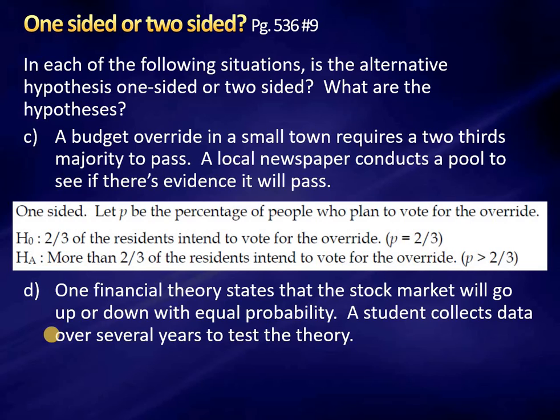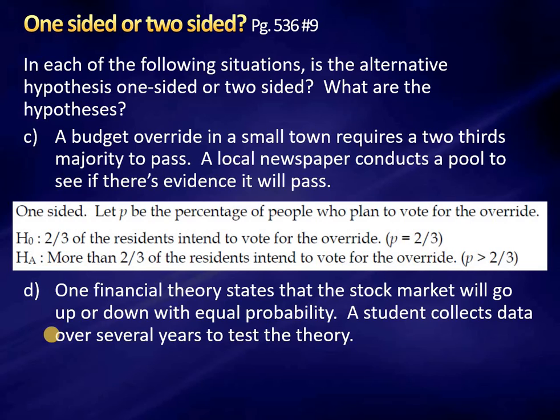There are a lot of people who will argue one way or the other, but the truth is it's not going to affect our calculations. So we take the path of least resistance. We just take the equal to for the null. If you were to say that the null is less than or equal to 2/3 and this was greater than, I would not mark you wrong. Okay? Just making sure that you're all right with that.